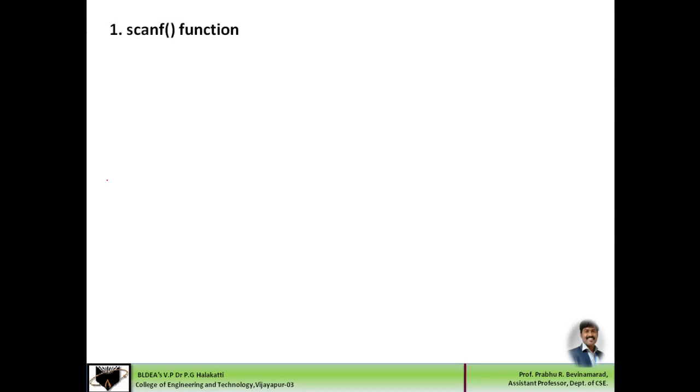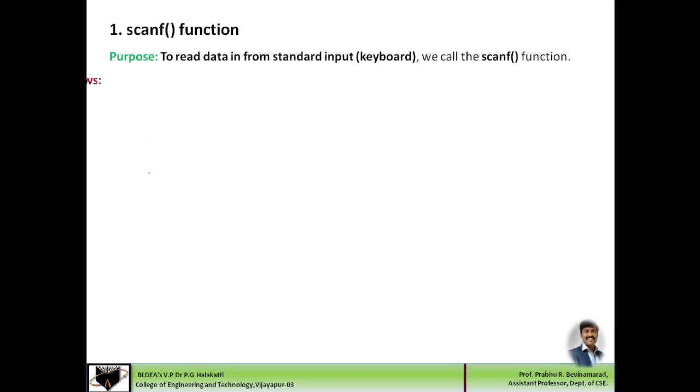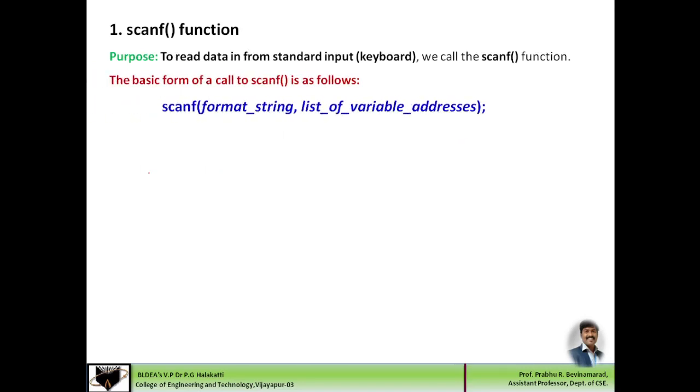So now we shall understand the formatted input function, that is scanf. The purpose of using scanf is to read a standard format data from the keyboard. The following is a general form. We use a scanf function and we write a format string.